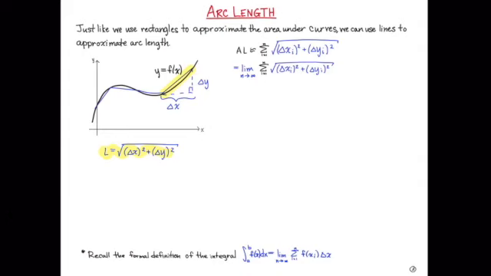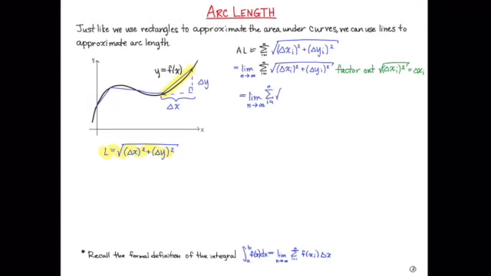So now let's factor out from underneath the square root delta x sub i quantity squared. And that will simplify down to just our delta x. So this is equal to the limit as n approaches infinity of the sum from i equals 1 to n of the square root, and now we're factoring out a delta x sub i squared.